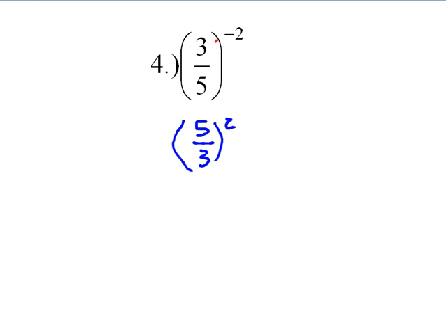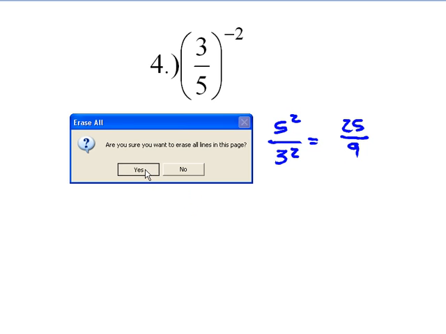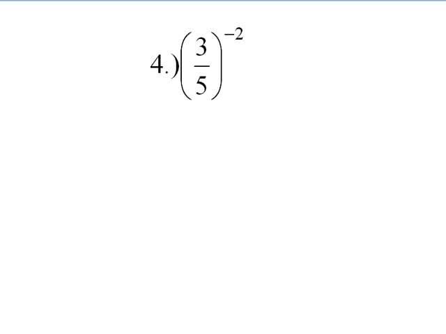The denominator went into the numerator, and the numerator went into the denominator. And now I have a positive exponent. So this can be split up. 5 squared over 3 squared becomes 25 over 9. Okay, moving right along.